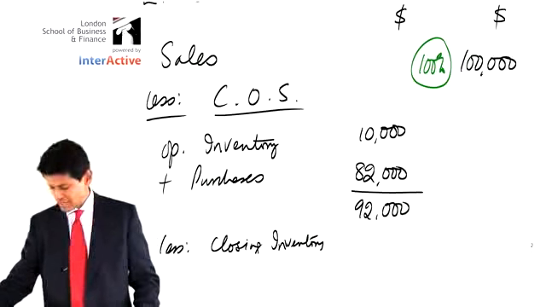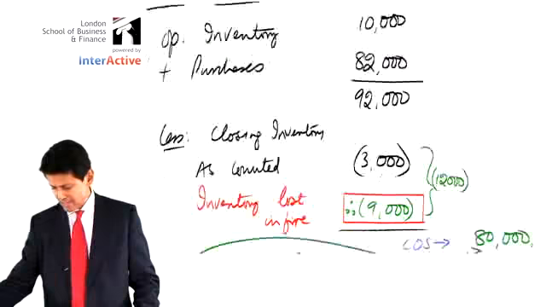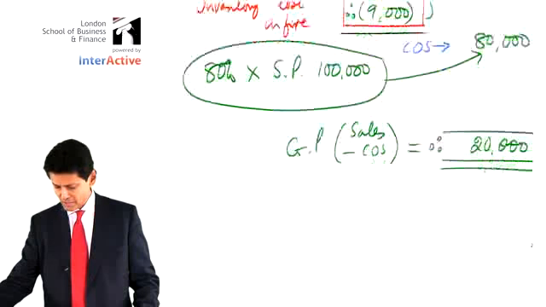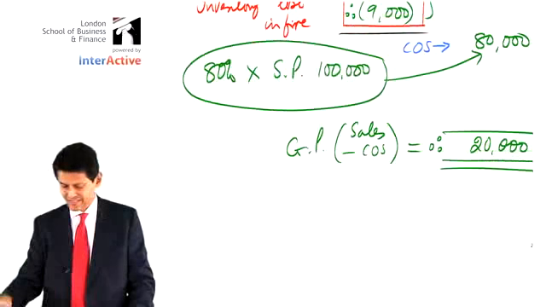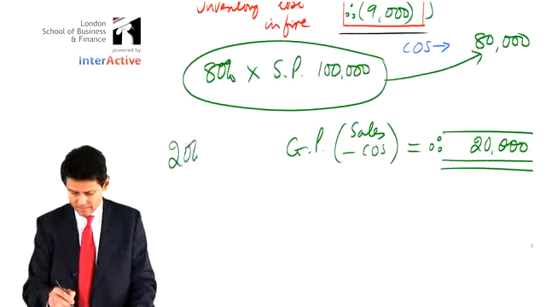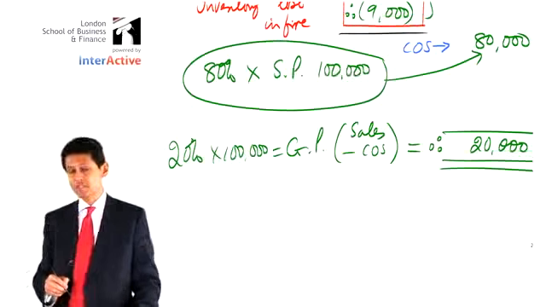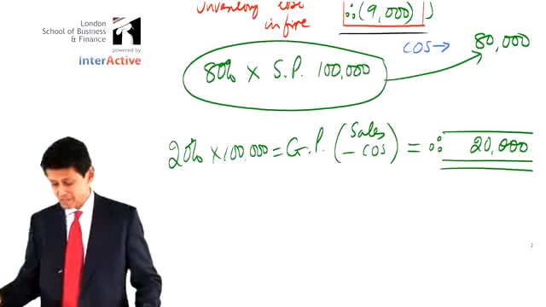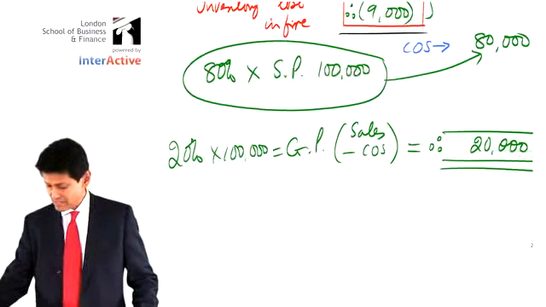So 20% of 100 is clearly my gross profit down here. So 20% of 100 is equaling the gross profit of 20. If that's 20, the cost of sales has got to be 80.